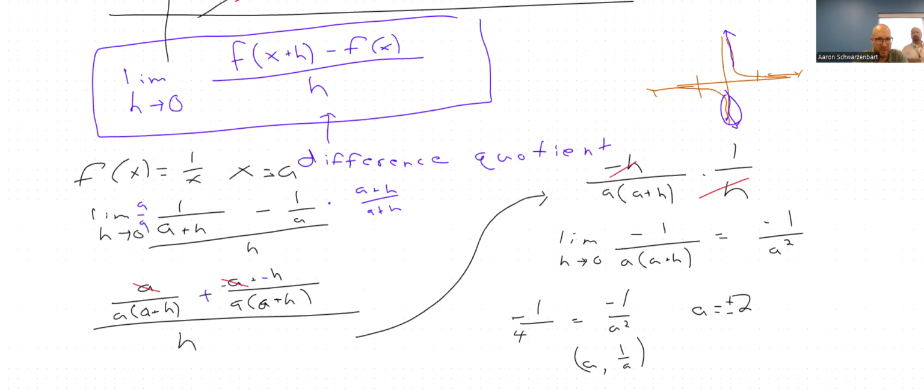A normal line. I'm just going to scroll down. A normal line is perpendicular to a tangent line.